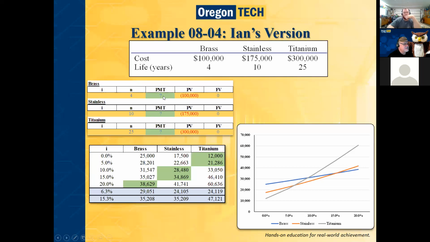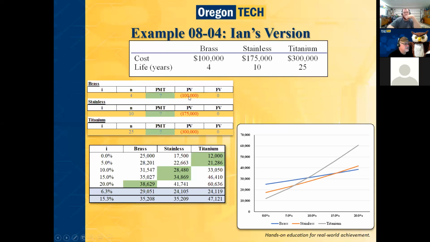What we need to know is the payment rate at different interest rates. So you can say, depending on the cost of money, this one is acceptable compared to that one. I did the exact same thing again.